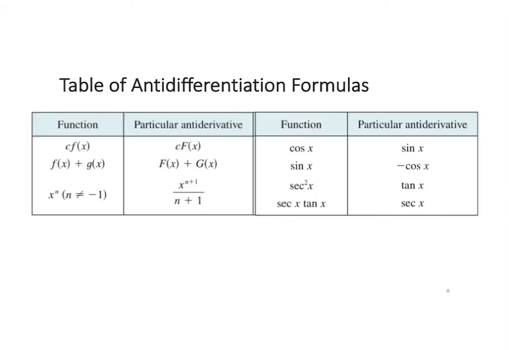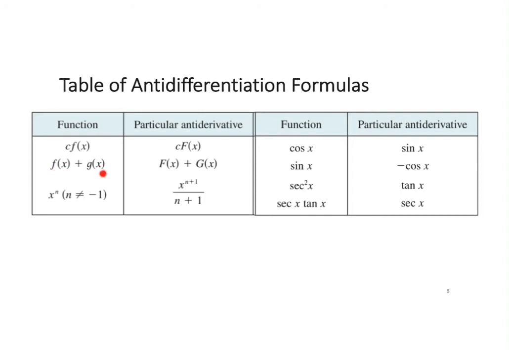Here's a table that summarizes some of the anti-differentiation formulas we've been talking about and gives you a few more. So if you have a function times a constant, the antiderivative, forgetting the plus c for a moment, would be c times that antiderivative.